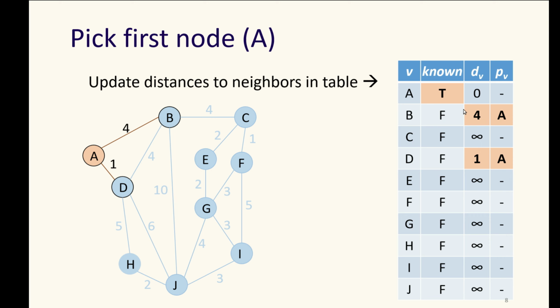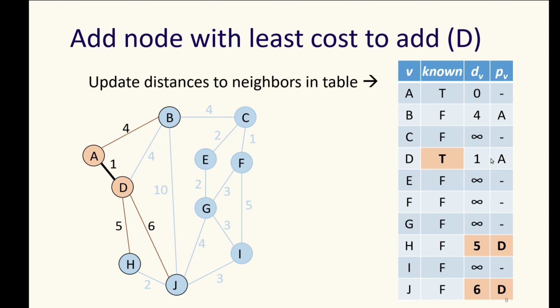So we say that B, we know it has a distance of 4 from A. And we know that D has a distance of 1 from A. And those are the minimum distances we've seen so far. They may change later down the line. So then we pop off the minimum cost edge that we've seen so far, the 1 to D, and we take a look at what's available from D.